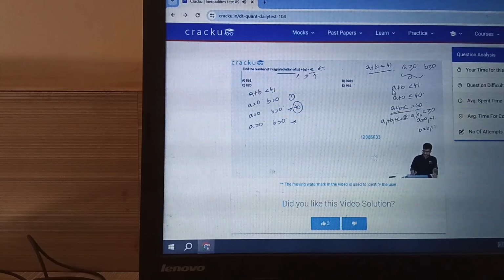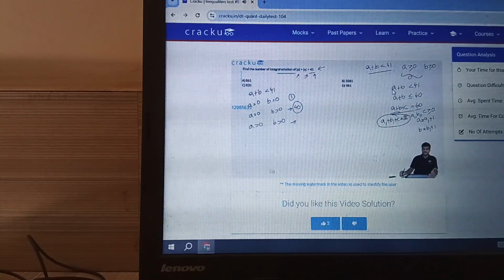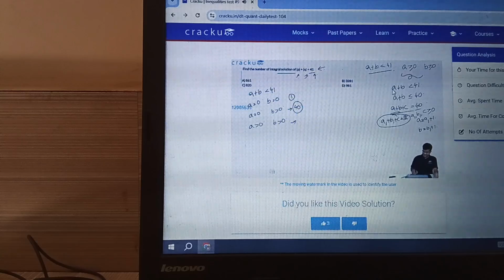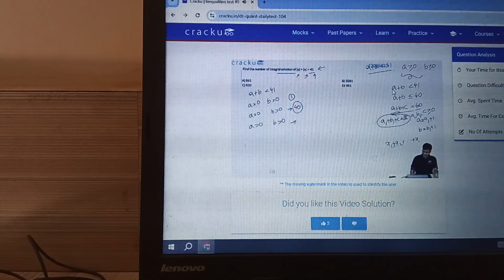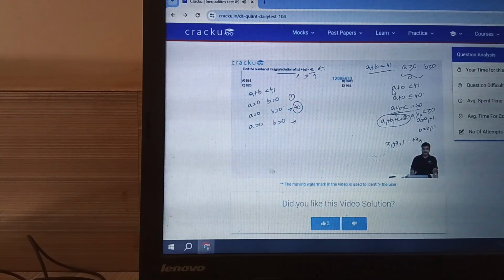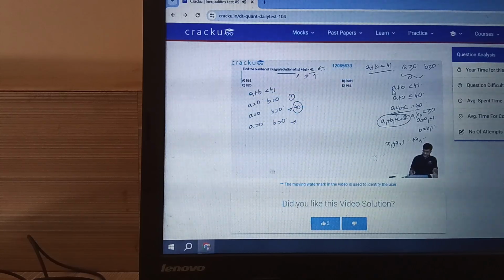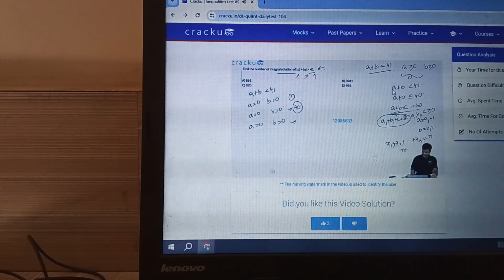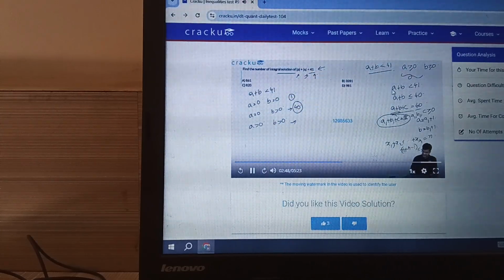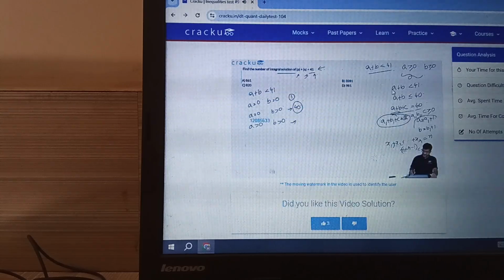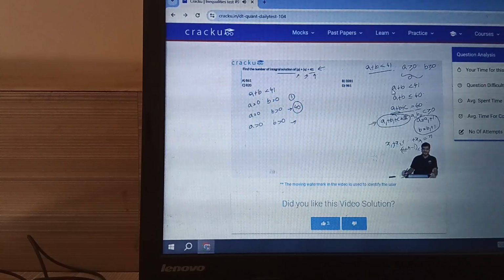We know the number of solutions this equation will have. You know the formula that if there are r variables x1 plus x2 plus dot dot dot plus xr, all non-negative integers, that is whole numbers that can be 0 or 1 or 2 or any of those, and they sum to n, the number of solutions is n plus r minus 1 C r minus 1. That is the whole point of converting a into a1 plus 1 and b into b1 plus 1: we want all three variables to be non-negative integers, without any additional restrictions.